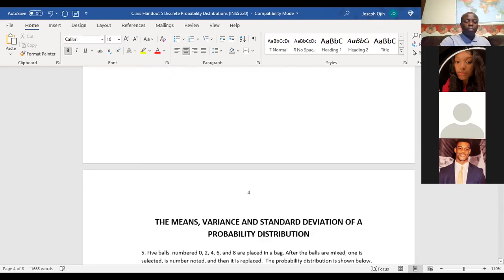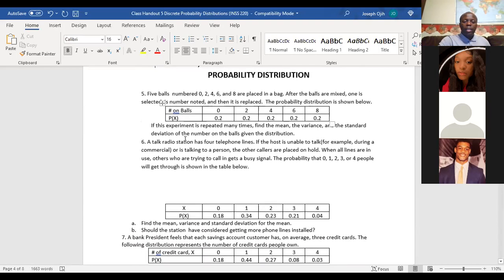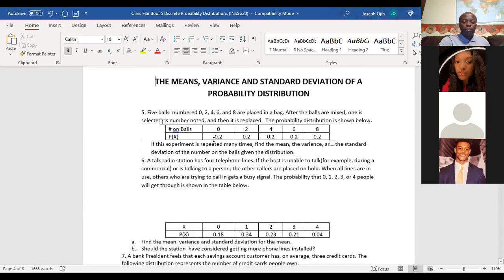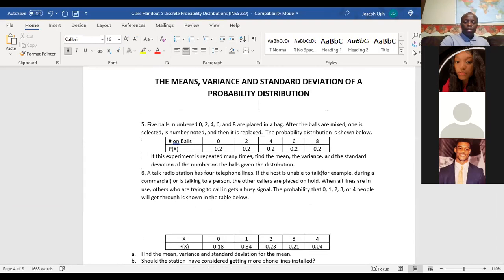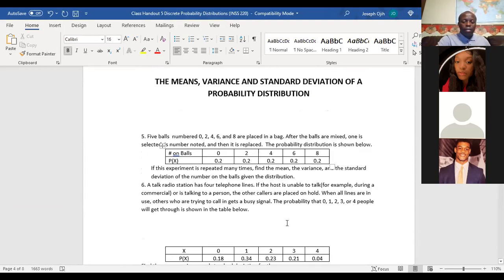Okay, good. The mean, variance, and standard deviation of this distribution. Now, I'm gonna put the formulas here. I think our time is coming to an end, but we have a short break coming anyway. So let me just continue.